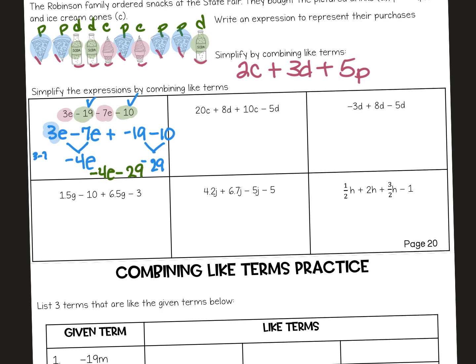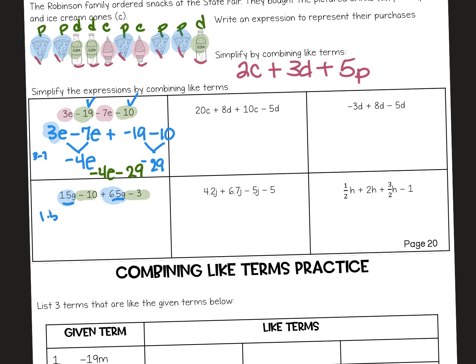Let's do the one just below it. I'm going to go ahead and highlight first. There's a G term. There's a G term. And then I have 2 constants. So I'm going to combine my variable terms. They both have G to the first power.